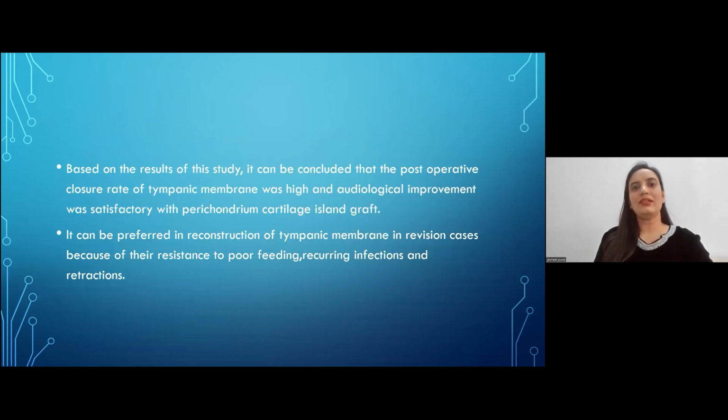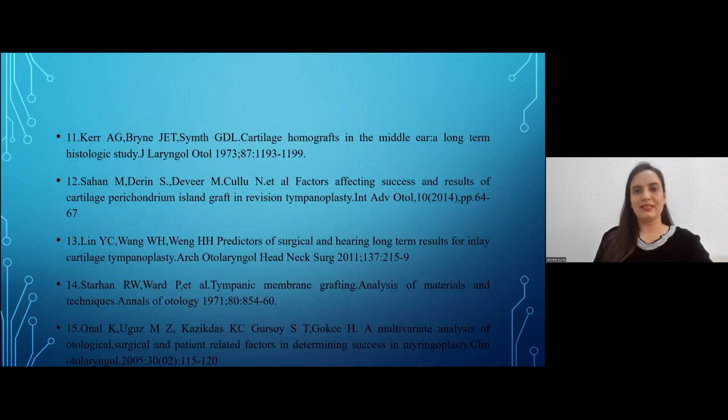So based on the results of this study, it can be concluded that the post-operative closure rate of TM was high and audiological improvement was satisfactory and comparable to fascia with the perichondrium cartilage island graft. So it can be preferred in reconstruction of the tympanic membrane in revision cases because of its resistance to poor feeding, recurring infections, and retractions. These are my references.